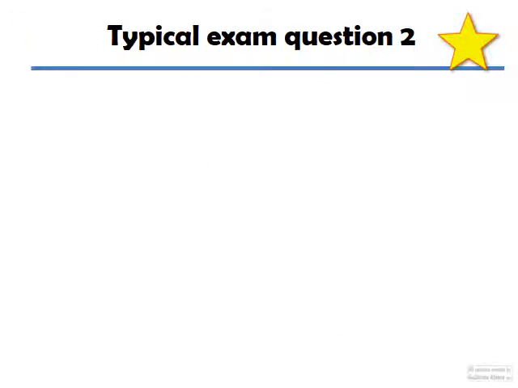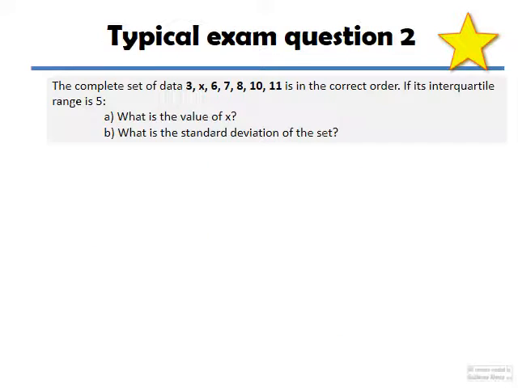So here's another example of this. They give us this data here, and first they have an X in there and we have to calculate the interquartile range. If you read the problem carefully, you realize first of all it's telling you a complete set of data. So hold on, that means population standard deviation, and it's in the correct order. So it means that X is in the right place here.